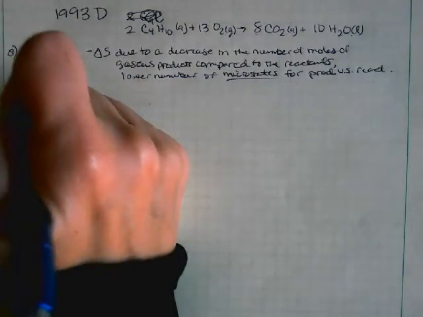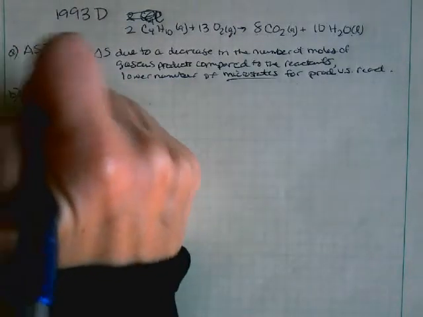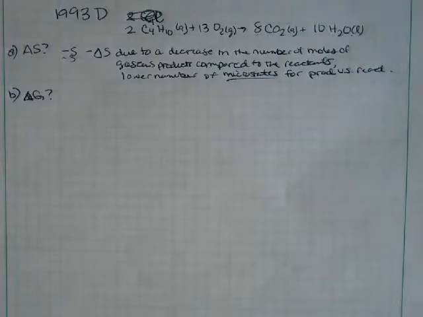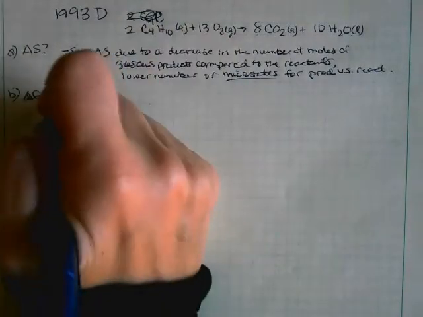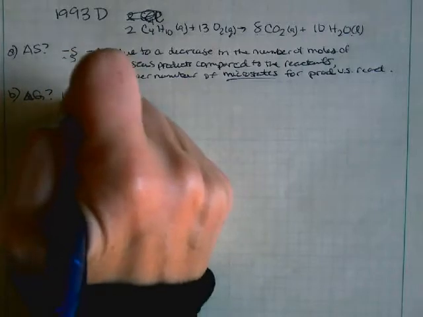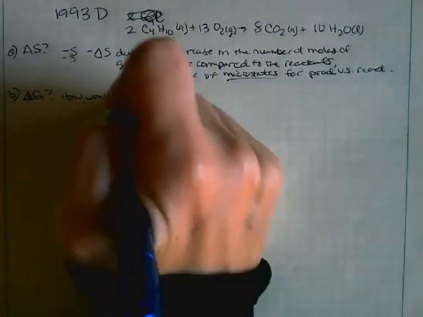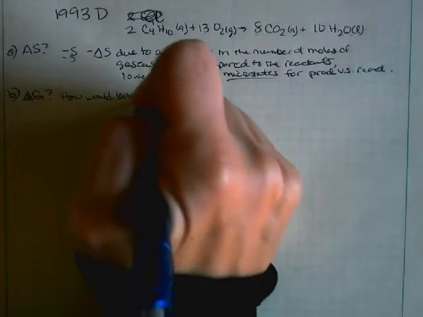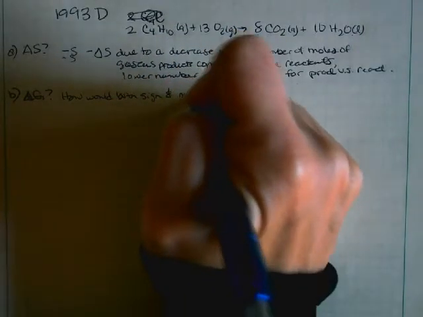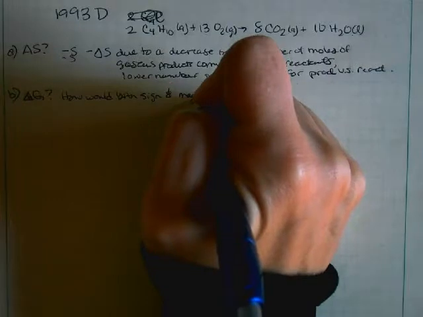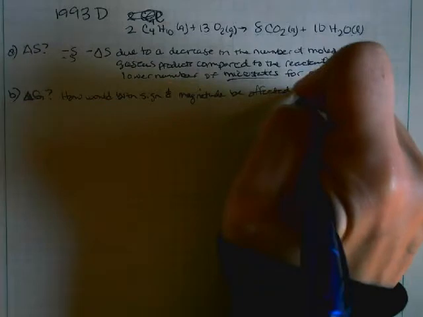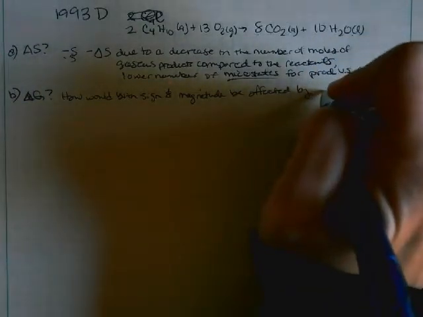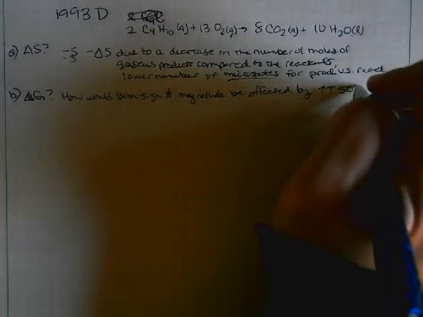So first, they just want to talk to me about delta G. And then it says, how would both sign and magnitude be affected by increasing T to 50 degrees.